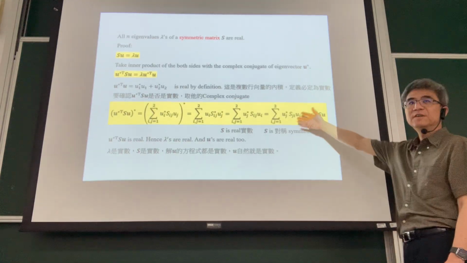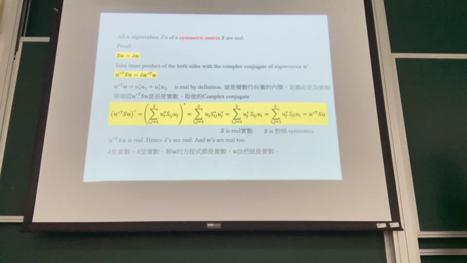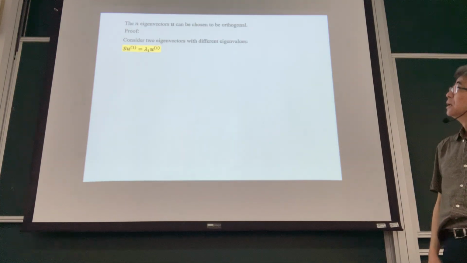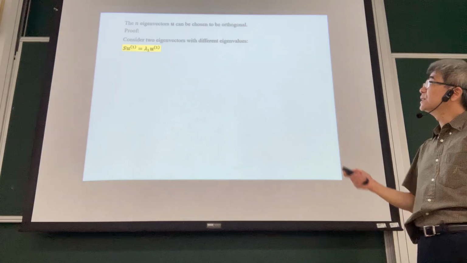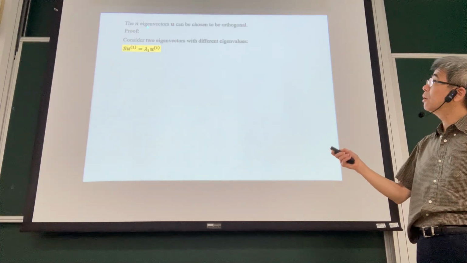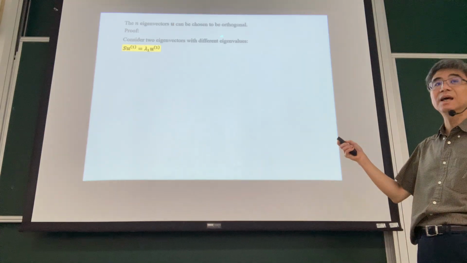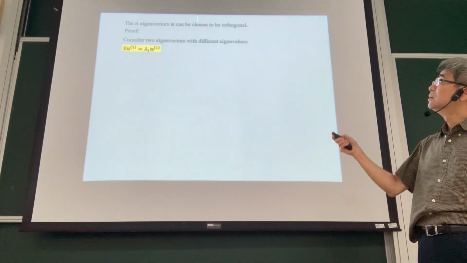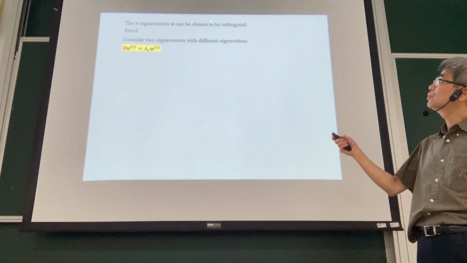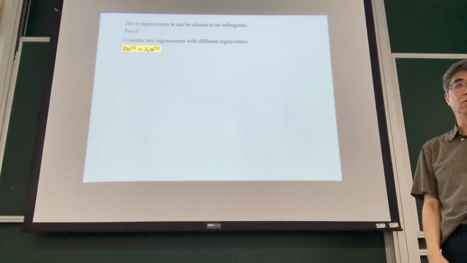Anyway, the first proof was of the first theorem: all the eigenvalues are real. The second proof is about another theorem: all eigenvectors of the S matrix, we call it U, can be chosen to be orthogonal.